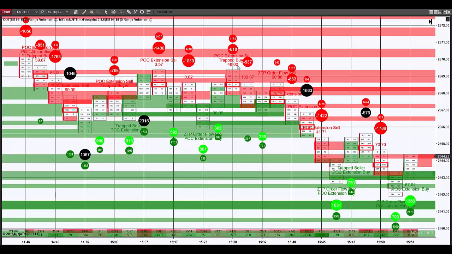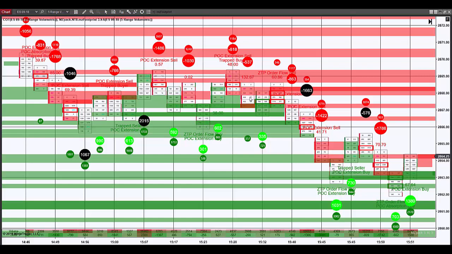This is what that back and forth looked like on the order flow chart. Here's the first extension buy at the test of the low. Here's the extension sell with a stopping ratio, followed by an extension buy along with a ZTP order flow, followed by a POC extension sell signal here on top of already created multiple historical resistance zones, similar to the buy signal that was down here.